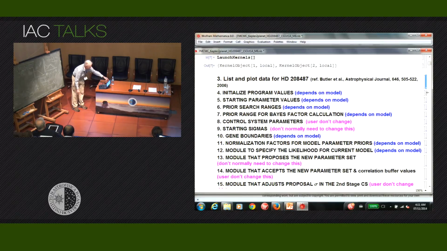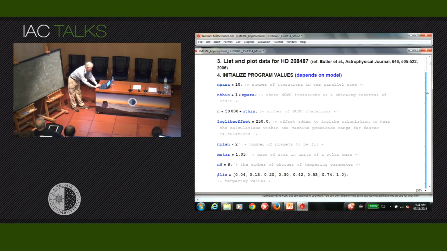You can see there are 15 steps here, some of which the user has to set if you're wanting to look at a particular planet, such as specifying the number of parameters. But there are others that you don't need to change and probably shouldn't change. The beginning one is initializing: we have to decide how many iterations we are going to do, and how many calculations I want to do in parallel before.